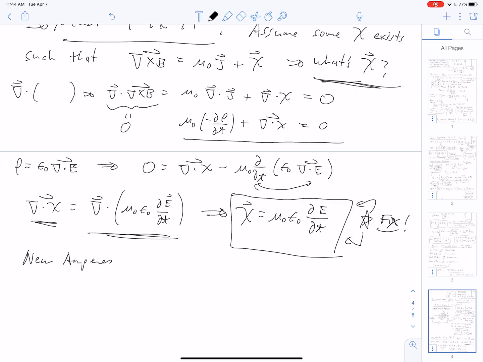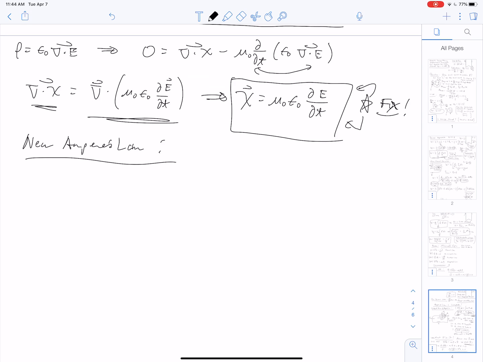And so now we see the new Ampere's law that works under all circumstances, or most circumstances, we're still going to add in one other thing a little bit later. But we now have the new Ampere's law: del cross B is equal to mu naught J plus mu naught epsilon naught dE dt.